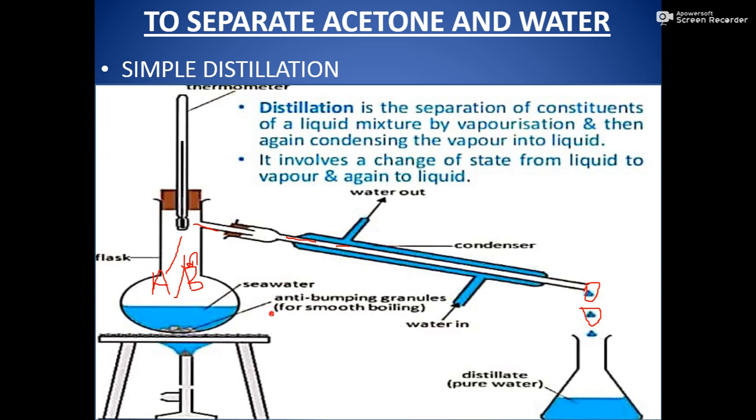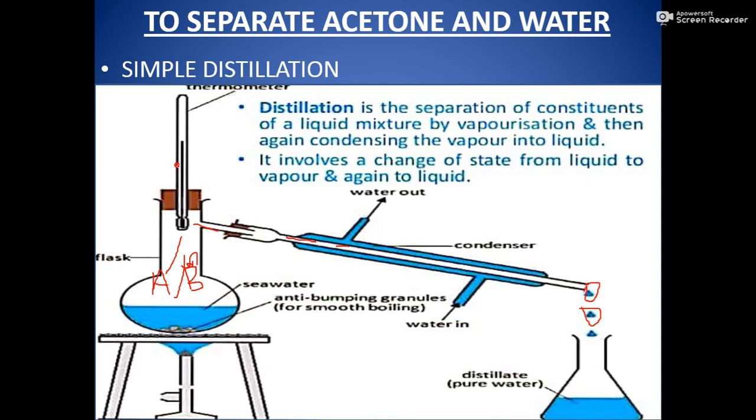What happened after some time, we observe that at this temperature, 50 degrees Celsius, as I gave you the example, the vapors will stop arising. We can understand by this that liquid A is completely finished from here.